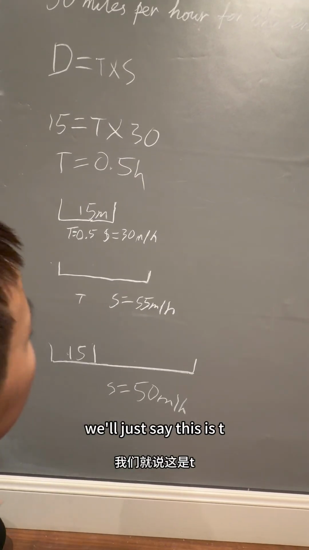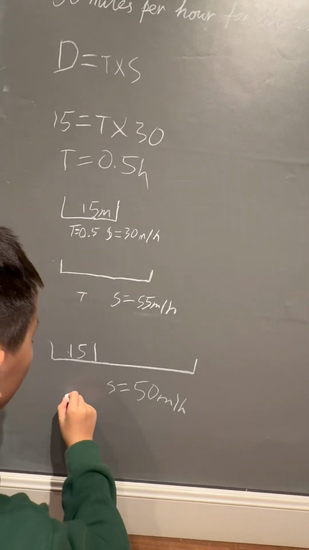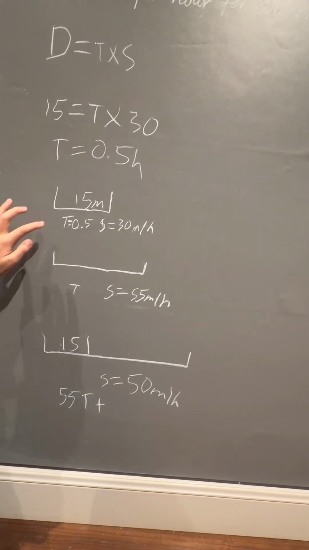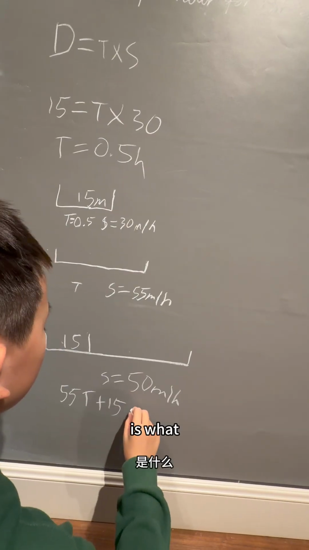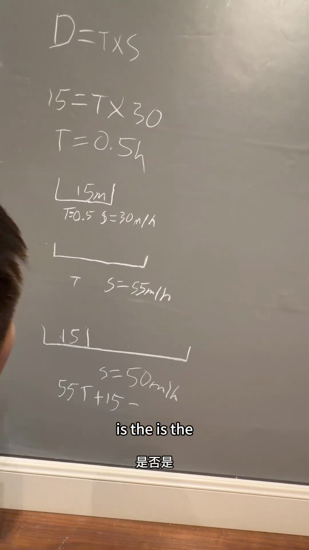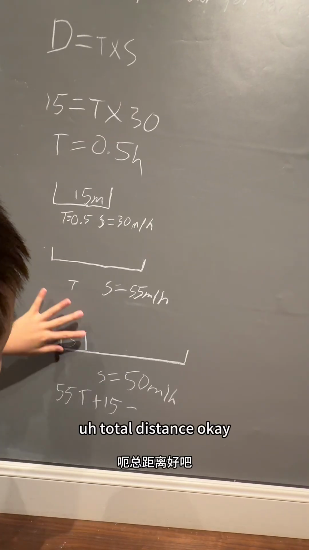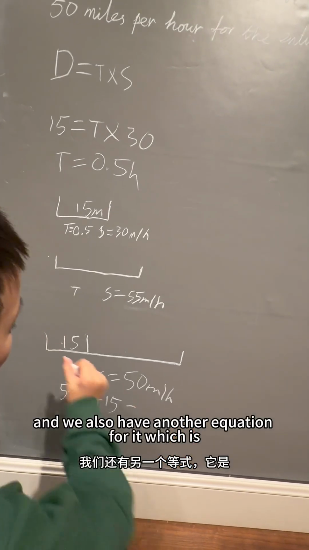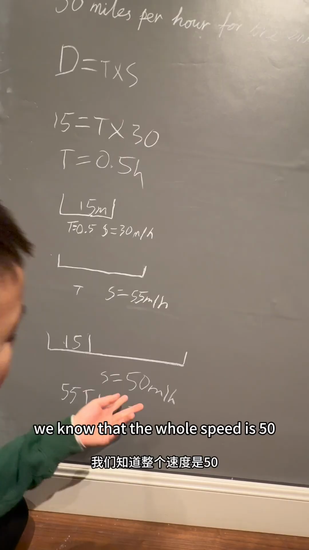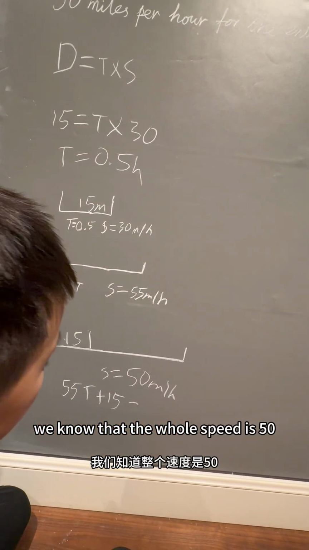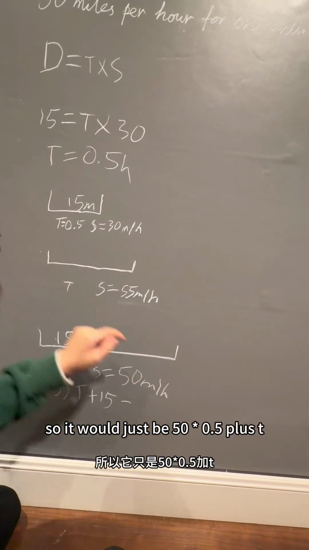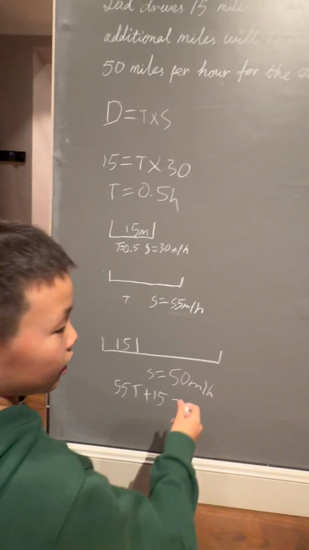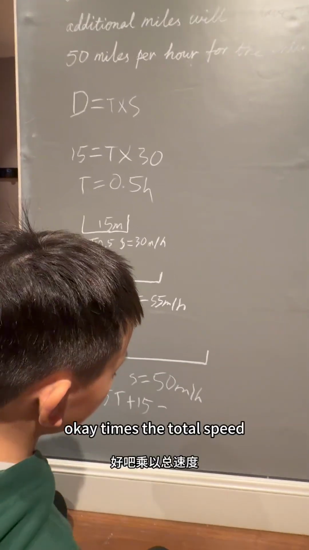We'll just say this is t, a variable. 55t plus 15 is the total distance. And we also have another equation for it: we know that the whole speed is 50, so it would just be 50 times (0.5 plus t), which is the total time times the total speed.